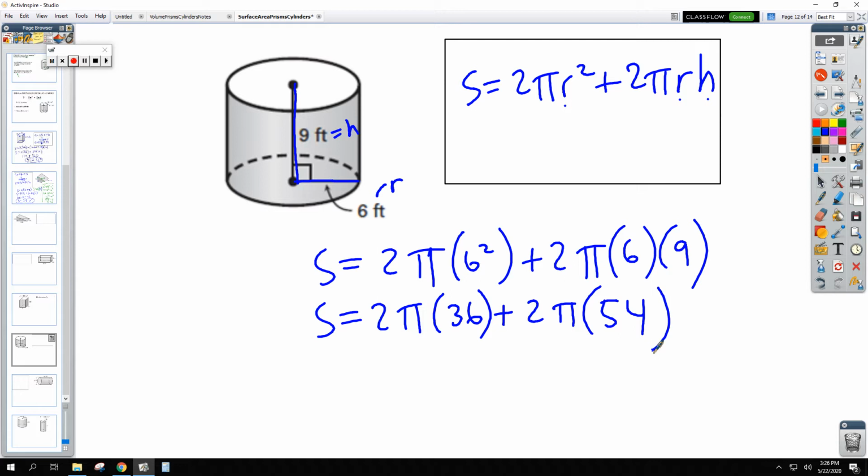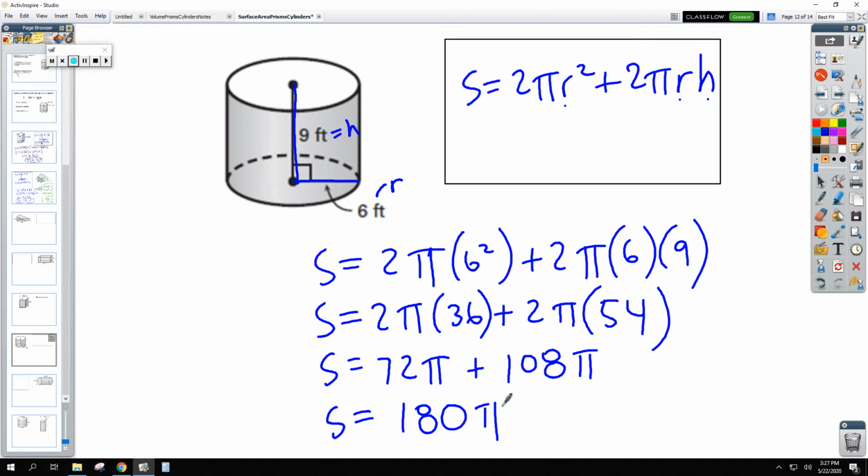So 36 times 2, that's 72 pi. Plus 2 times 54, which is 108 pi. I'll combine those, 72 pi and 108 pi, 180 pi.